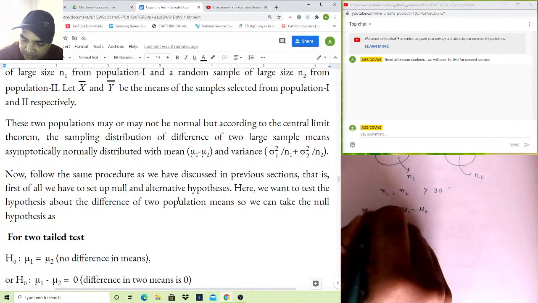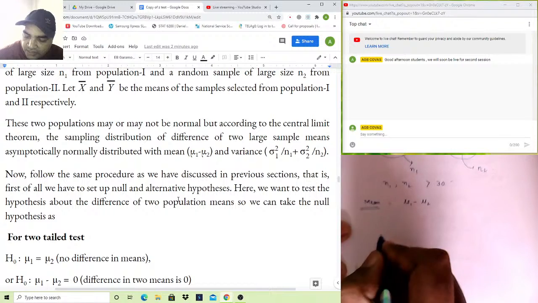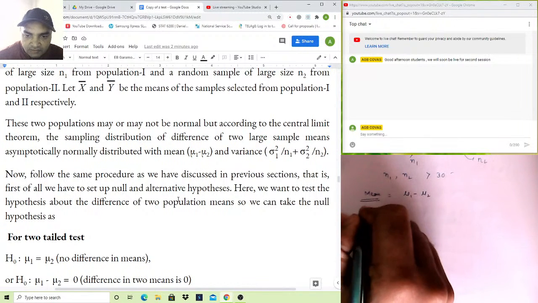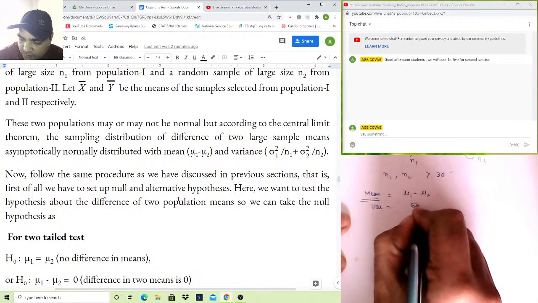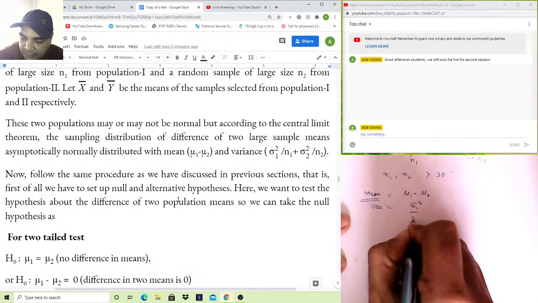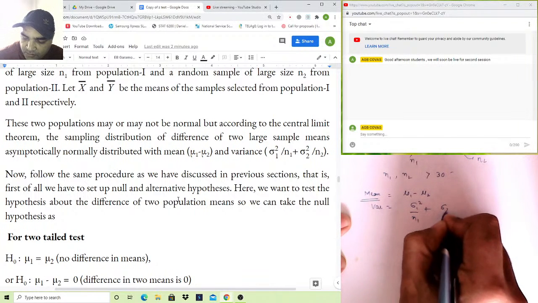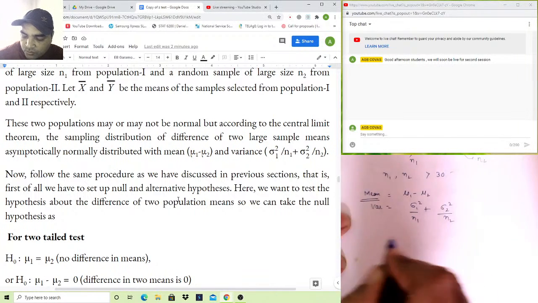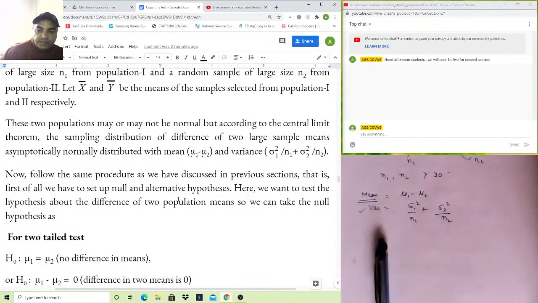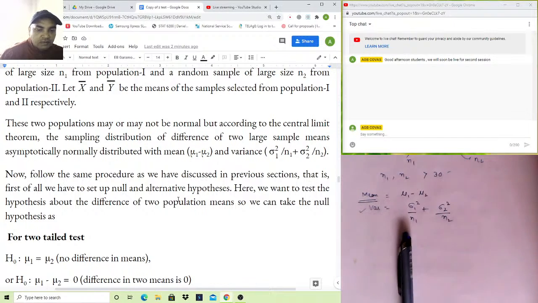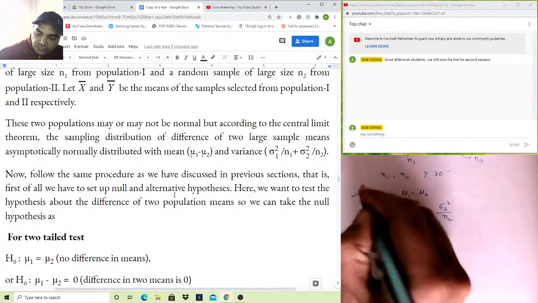This will be the mean of the normal distribution, and the variance will be equal to sigma1 squared upon n1 plus sigma2 squared upon n2. So this will be the variance of the difference of the two sample means. Now we will follow the same procedure as we discussed in the previous section, keeping in mind these two things.